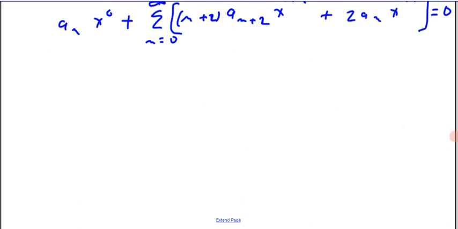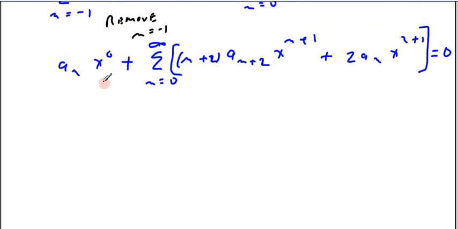Okay, so that being the case, all the x to the n's have to be linearly independent. So a n x to the 0 has to be 0, which implies what? Which implies a, it's not a n though, it's a minus 1.